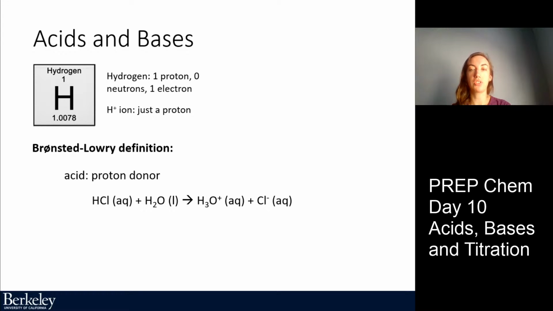It has that hydrogen and that chlorine, and chlorine is very happy to exist as an anion, so it readily gives up that hydrogen, that proton, and creates H3O+, which is called a hydronium ion. To say that again, HCl is an acid because it can easily give up its hydrogen.